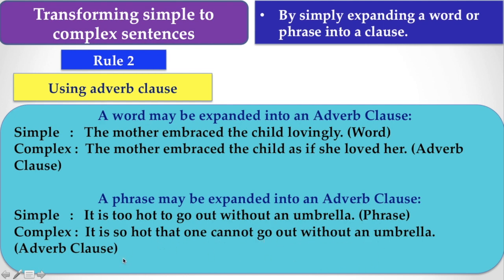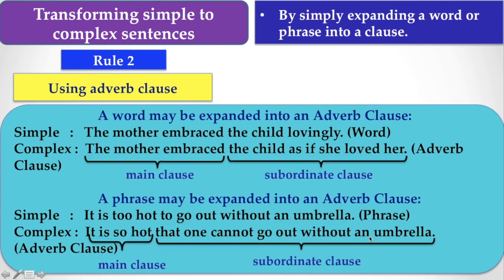Here an adverb clause is used, so hot that one cannot go out without an umbrella. This is the main clause, and the next part is the subordinate clause, as usual in a complex sentence.